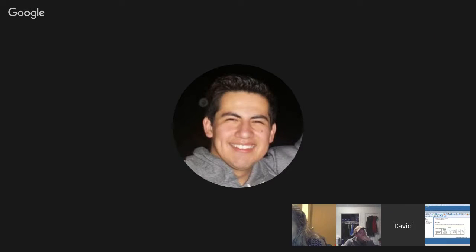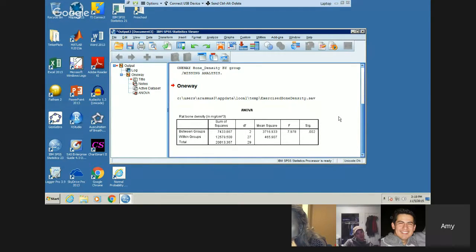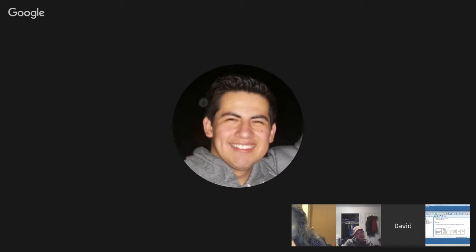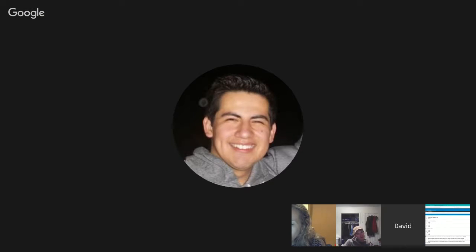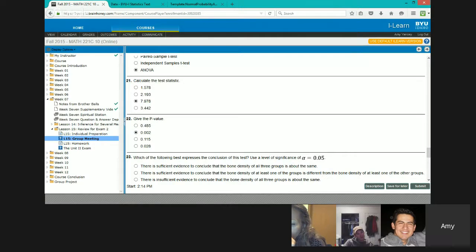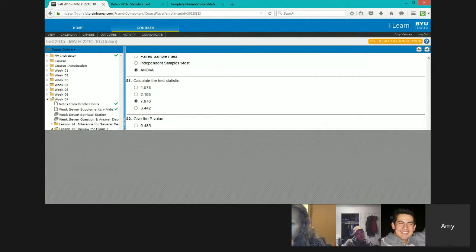Well, is it two-sided, or does that matter? No, ANOVA's always right-sided. You're right, it is always right-sided. So do we have to divide it, or does it already give us the answer like that? You don't ever have to divide for the ANOVA.